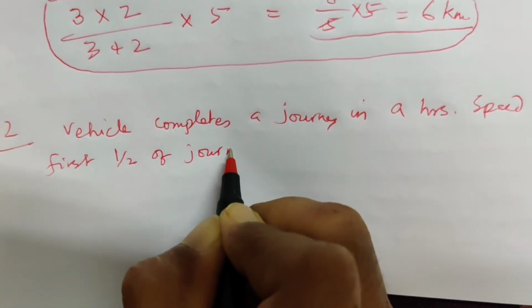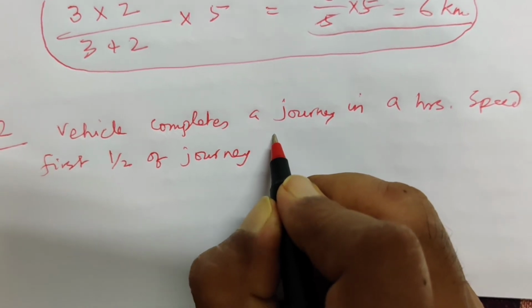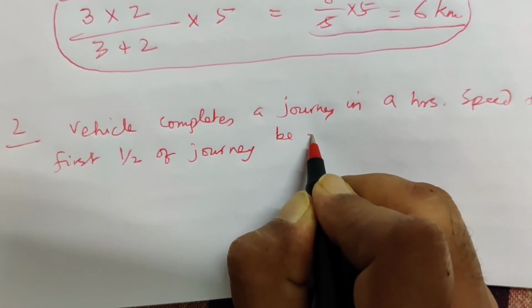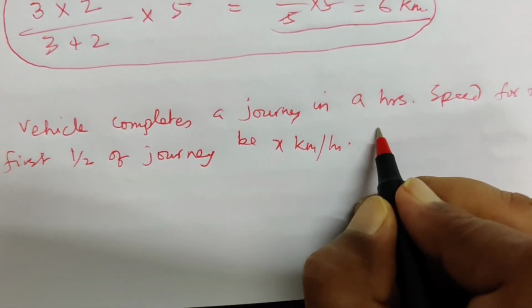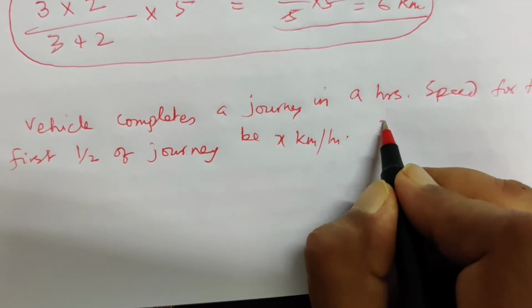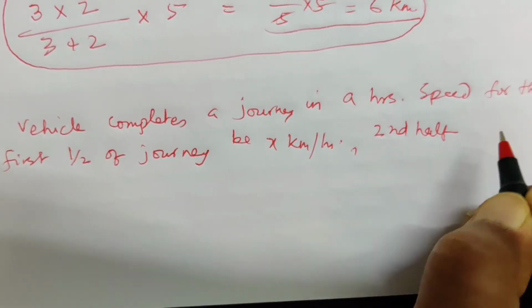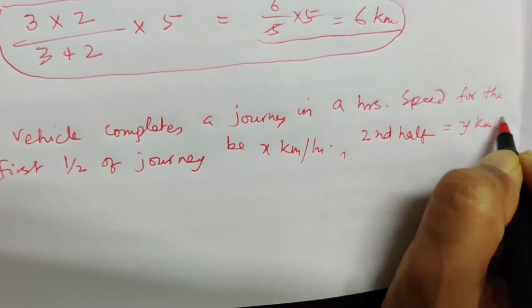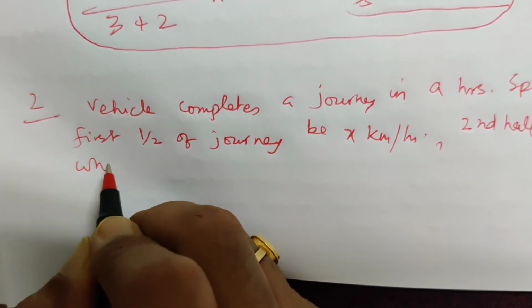First half of journey be x kilometer per hour, and that of second half be y kilometer per hour. What is the distance covered?